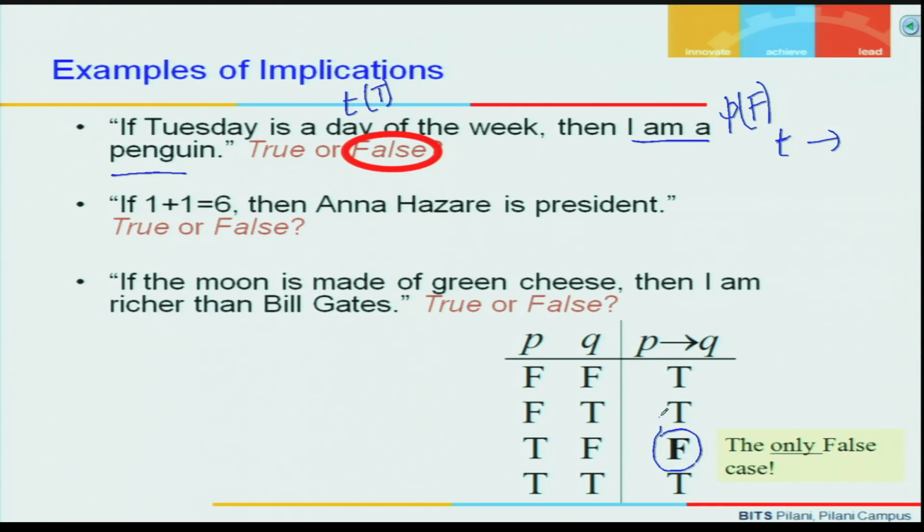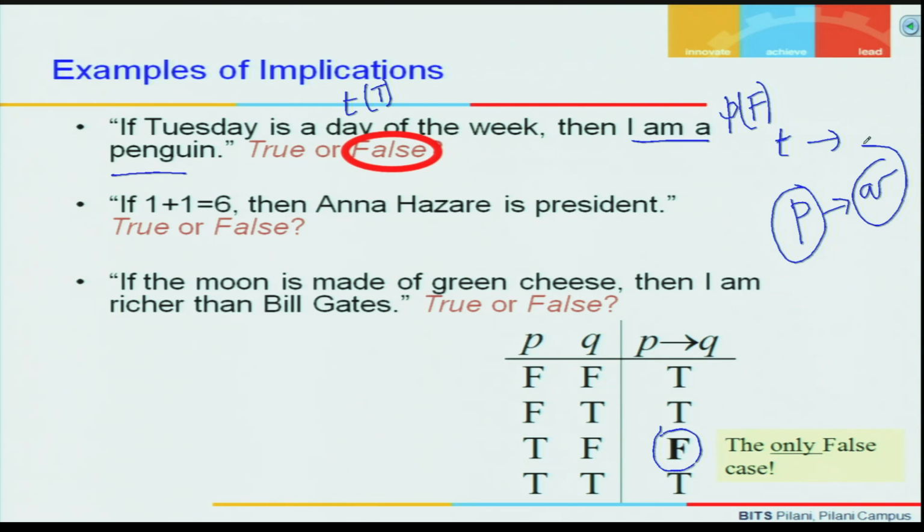And for all technical notation and purposes, whenever you have something like P implies Q, we call P the antecedent and Q the consequent. So whenever the antecedent is true and the consequent is false, that is in fact the only case when P implies Q can be false. In all other cases P implies Q will be true. This is how it is defined.